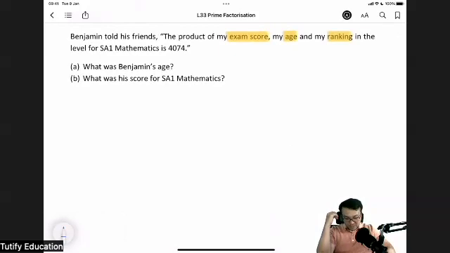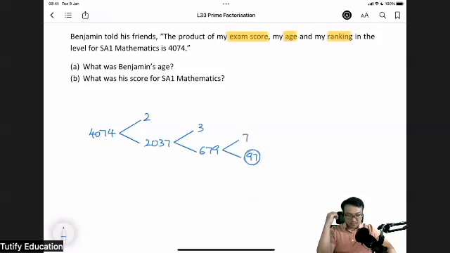So why don't we split up 4,074? Divide by 2, divide by 3, and this one can be divided by 7. This is all prime numbers. 97. 97 is already a prime number. You can't divide it any further, okay?